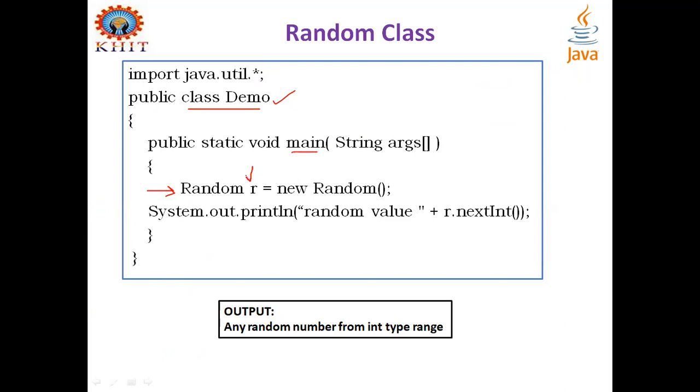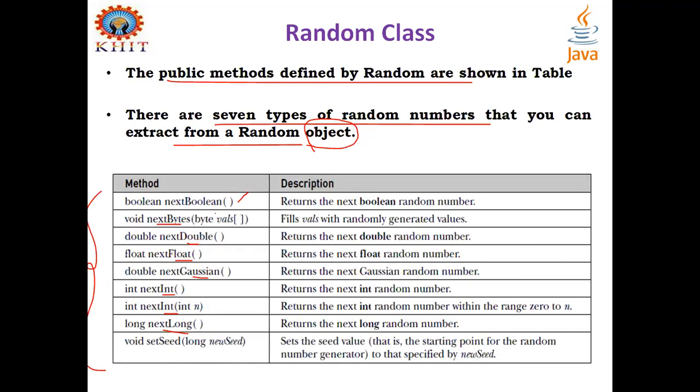Here it is, small r is my object, and I'm using this object to call one of the methods defined in the Random class. Here I'm just using the nextInt method. What is this method doing here? This method returns the next integer random number, right?